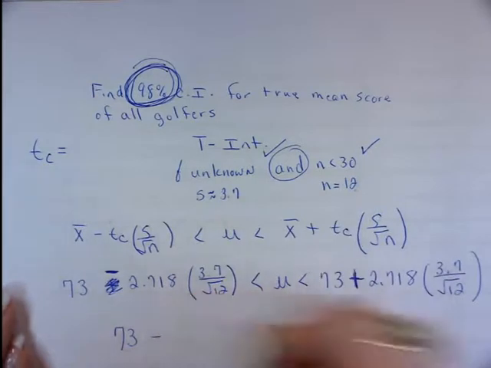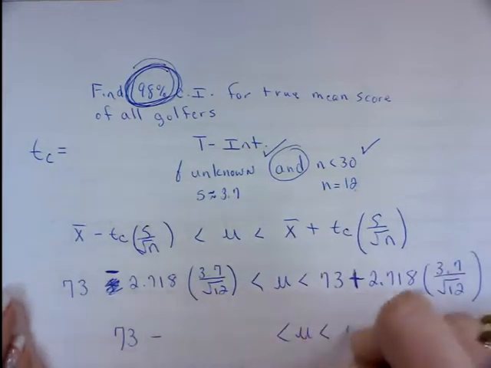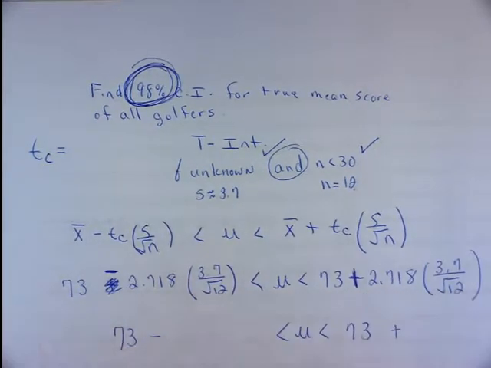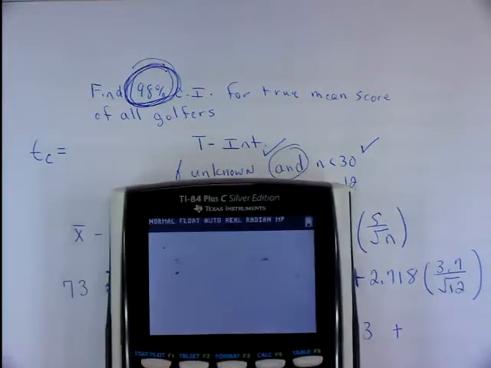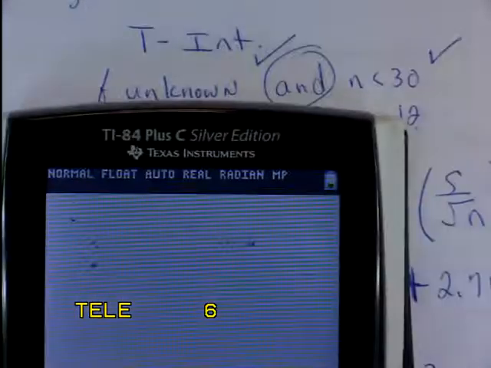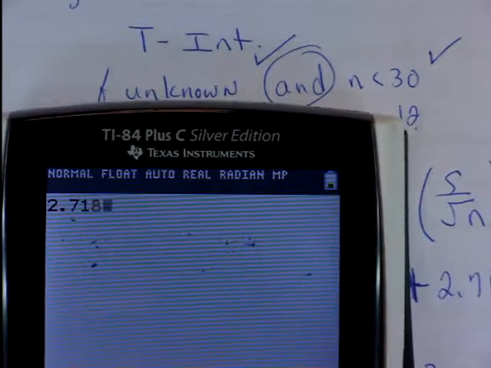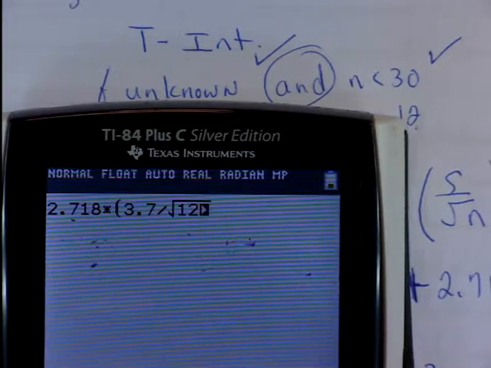I will subtract E and then I will add E. The margin of error is the maximum difference allowed between the point estimate or the sample mean x bar and the true population mean mu. The maximum difference allowed. That is going to be the 2.718 times the 3.7 divided by the square root of 12.